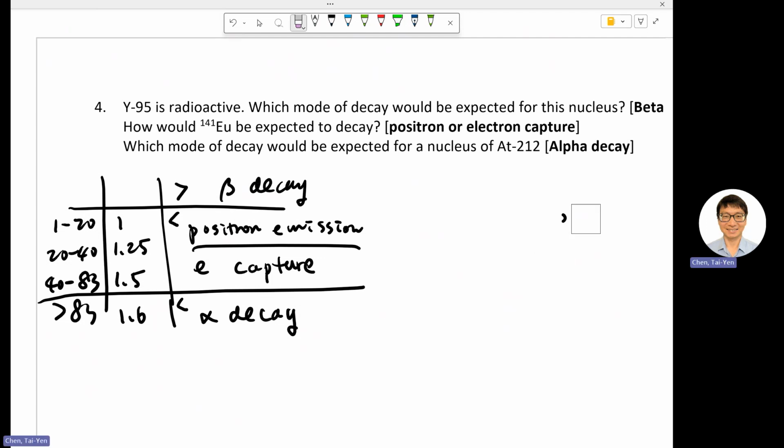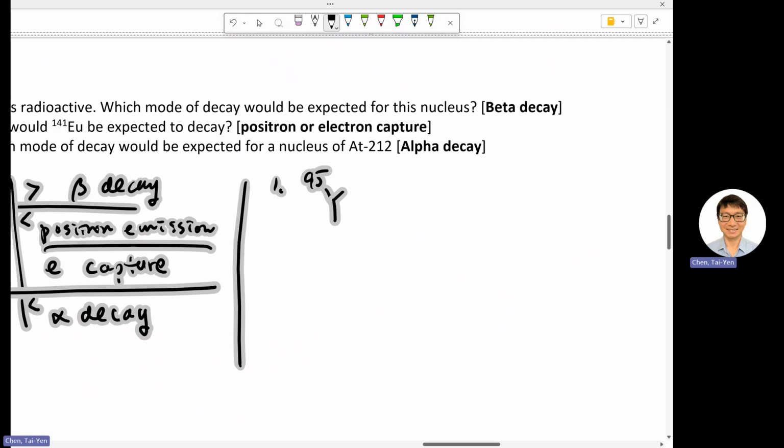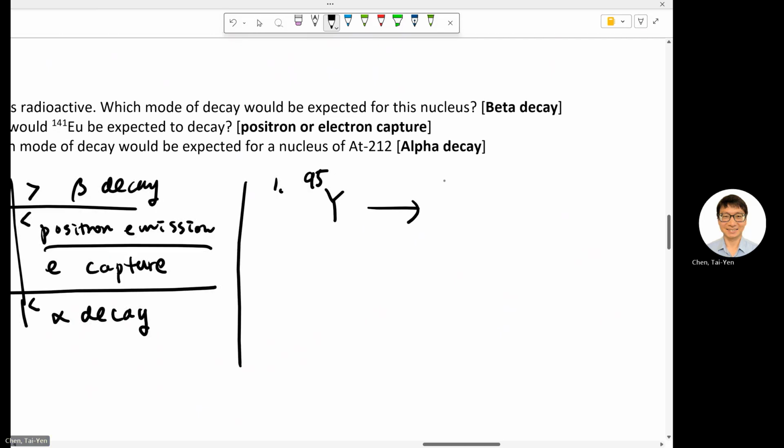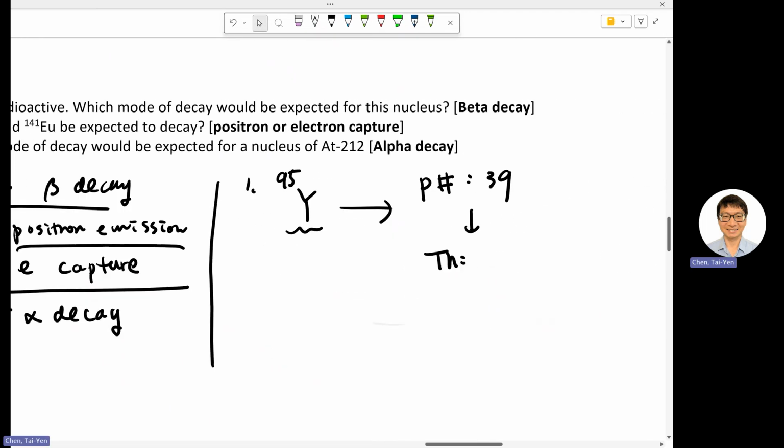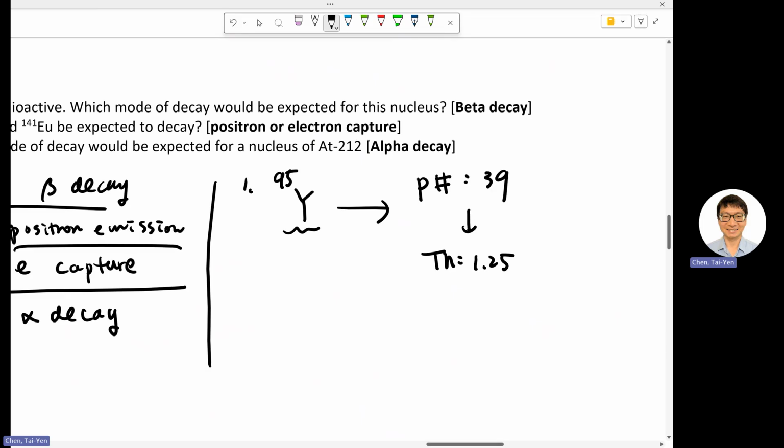With this, let's do a few practices. First, Y95. You want to look for the proton number first. What's the proton number of Y? 39, right? Therefore, you know your threshold will be 1.25.